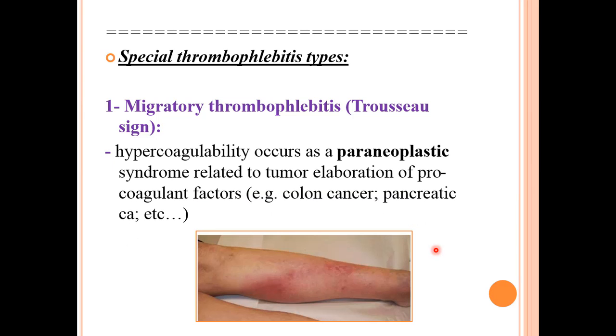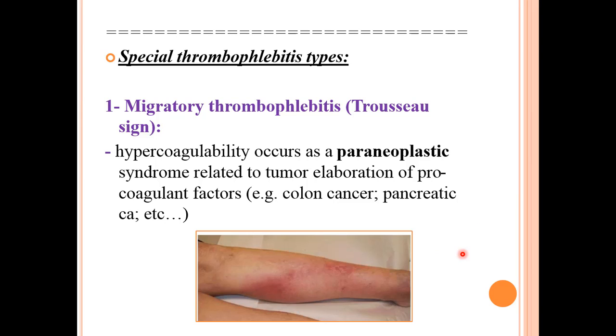In this condition, the patient develops hypercoagulability because of an underlying tumor. So this is a paraneoplastic syndrome that is related to a tumor that elaborates procoagulant factors.